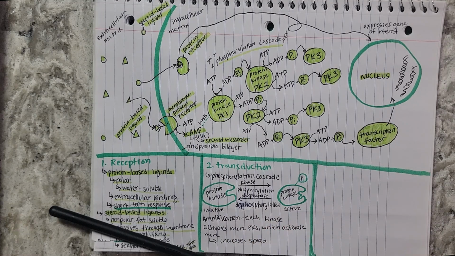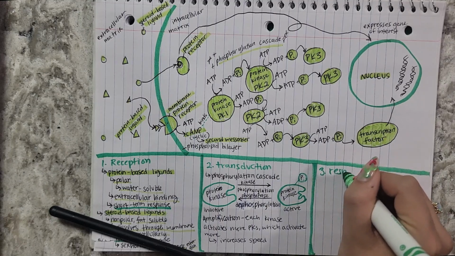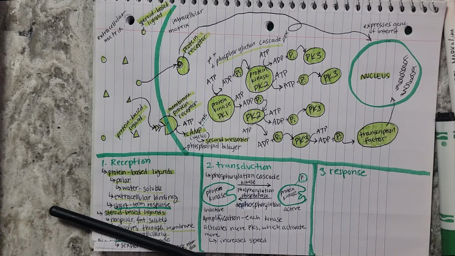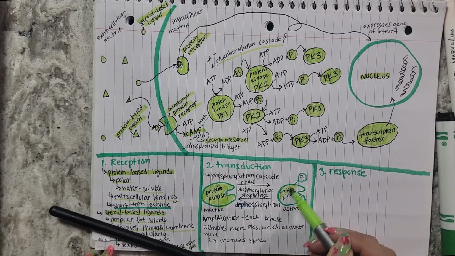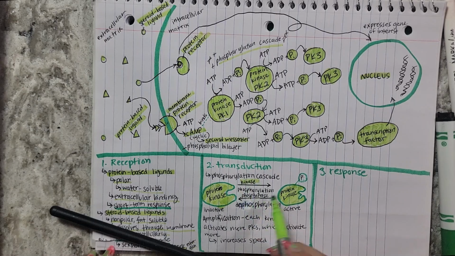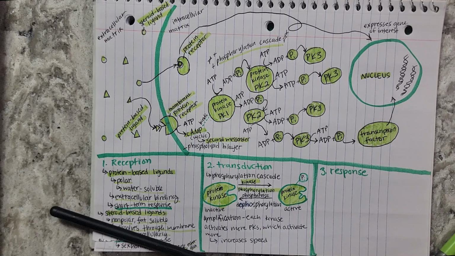All right, finally, let's talk about response. Although I guess we could go over what we just talked about, do a little bit of highlighting. So our kinases, we'll fill them in. Okay, so our kinases are phosphorylating, and then let's use another color.